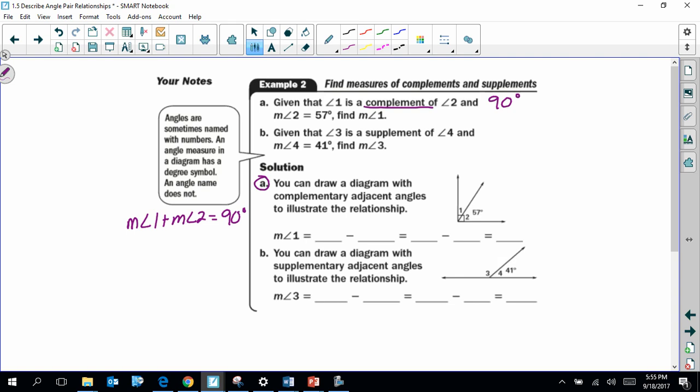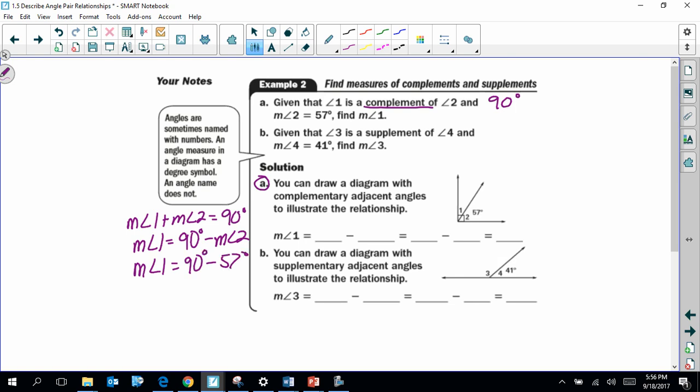And since I'm looking for the measurement of angle 1, I can say that the measurement of angle 1 must be equal to 90 degrees minus whatever the measurement of angle 2 happens to be. So I would say the measurement of angle 1 would be equal to 90 minus 57 degrees.